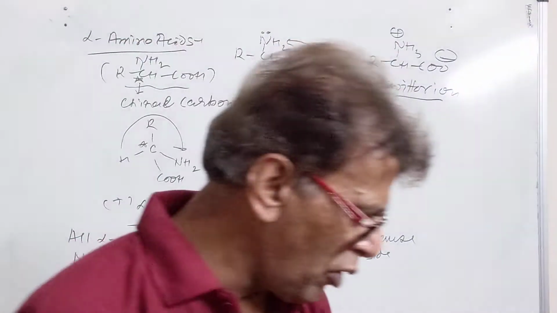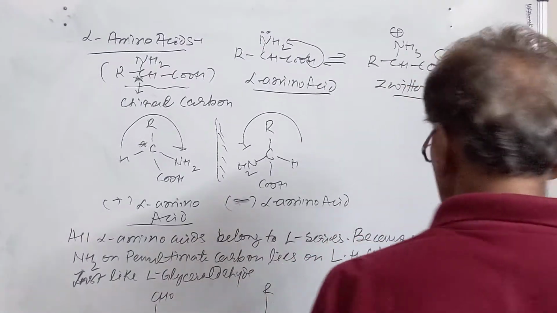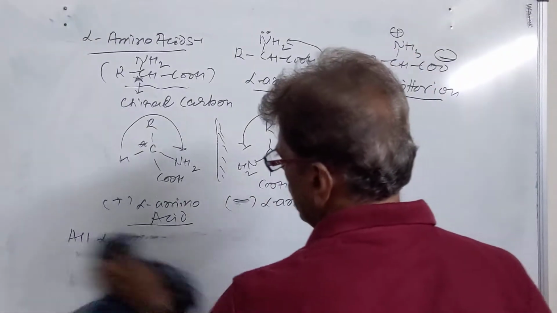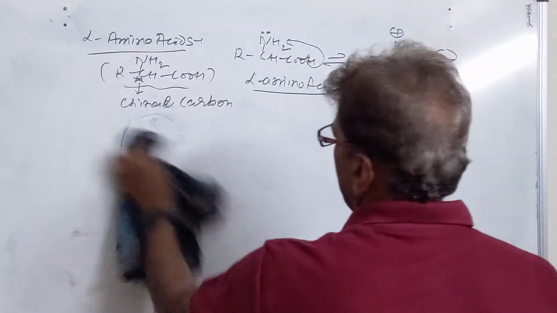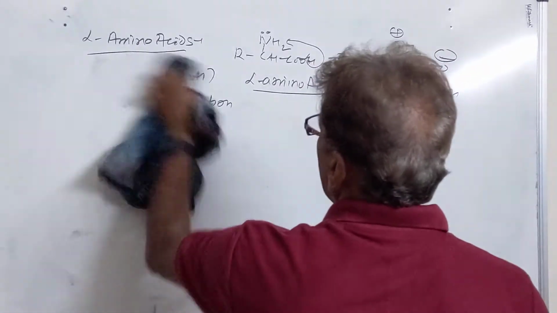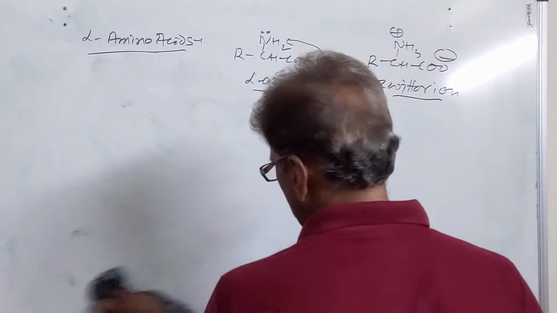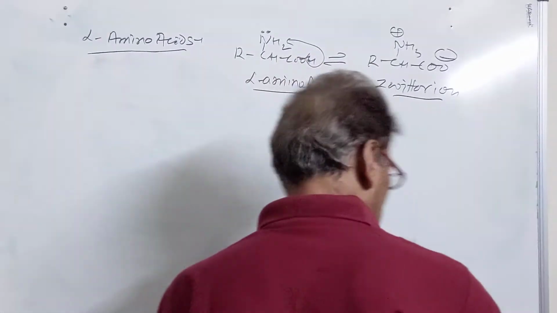Then we have a very important property of alpha amino acids, that is the isoelectric point. At a particular pH, either the cationic part or the anionic part dominates, and these alpha amino acids start migrating towards cathode or anode.